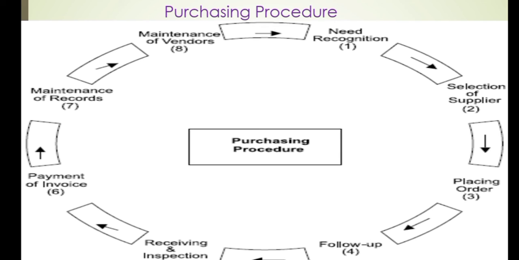And maintenance of vendor relations. The quantum and frequency of transactions with the same key suppliers provide a platform for the purchase department to establish and maintain good relations with them.